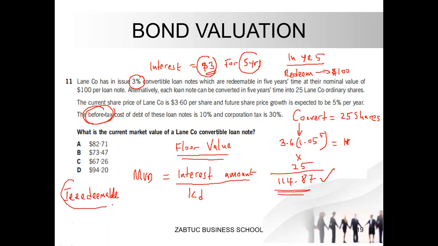You take the interest amount, divide by the pre-tax cost of debt. Let's take note of that one. If the bond is redeemable, it's what we have done. Convertible, what we have done in this question. Is that okay?